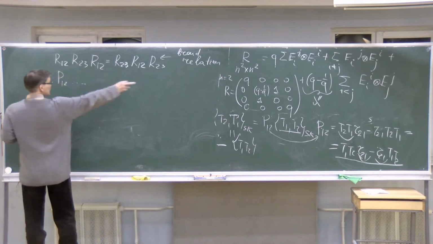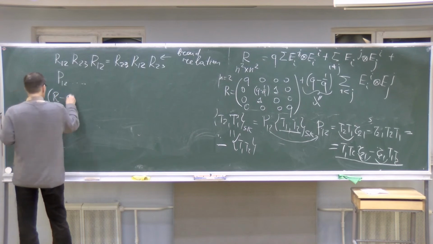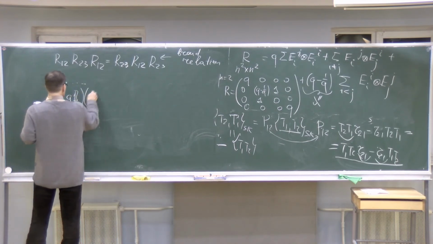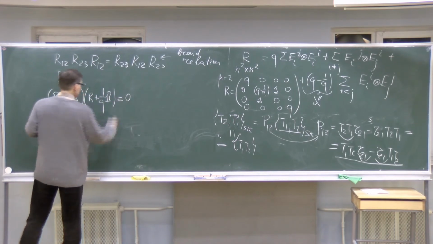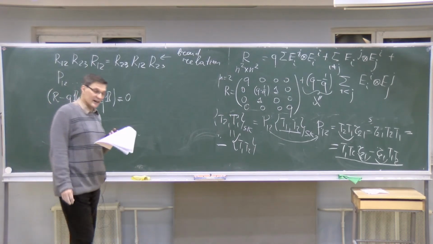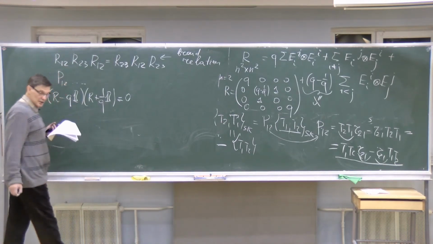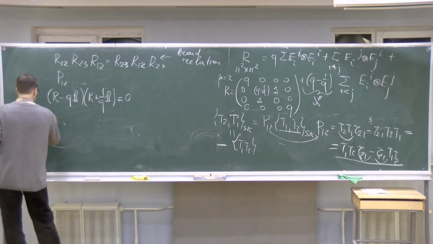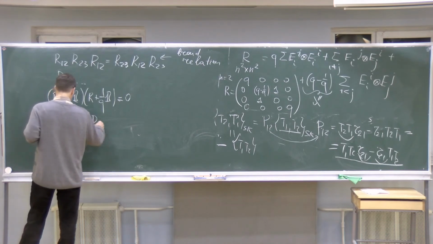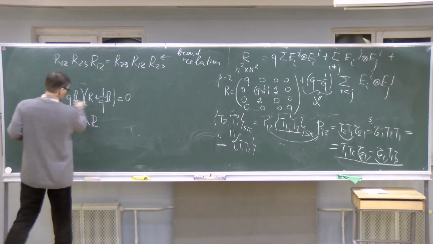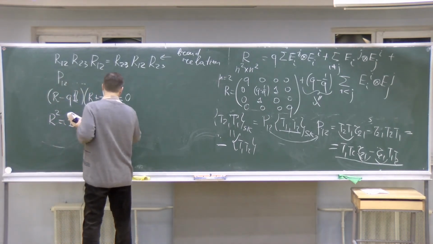And an important property of this matrix is the so-called Hecke condition: R minus Q multiplied by 1, times R plus 1 over Q multiplied by 1, equals zero. So the characteristic polynomial of this matrix is quadratic, and its spectrum is Q and minus 1 over Q. From this characteristic polynomial, we see that this matrix is invertible, with inverse R minus 1.